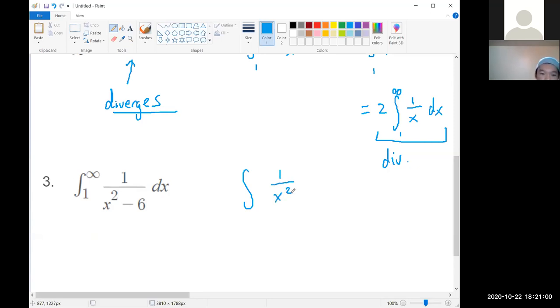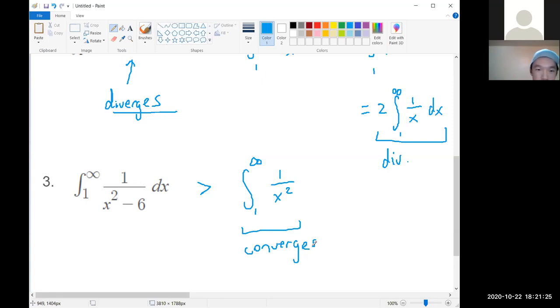What's your inequality sign? Greater. Yeah, because the first one has a smaller denominator, so it's greater. Okay, 1 over x squared. We know that one. What does that one do again? Converge. Right, so this converges.